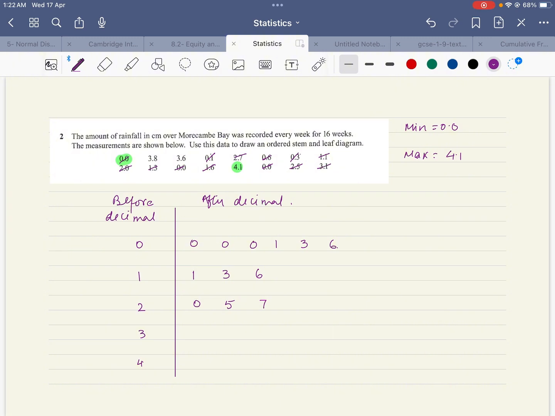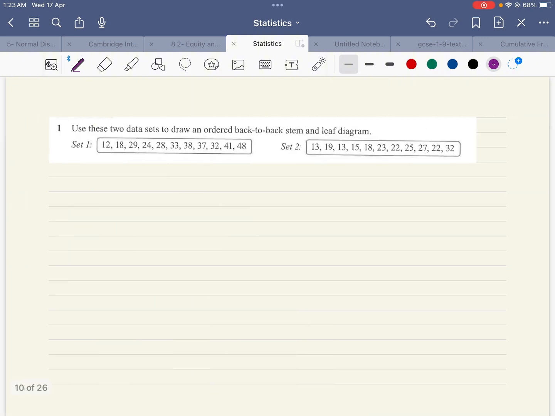Then we have 3.1, 3.6 and 3.8. And then we have 4.1. Let's see if all the values have been actually used. 1, 2, 3, 4, 5, 6, 7, 8, 9, 10, 11, 12, 13, 14, 15, 16. Okay, correct. So this is the stem and leaf diagram.